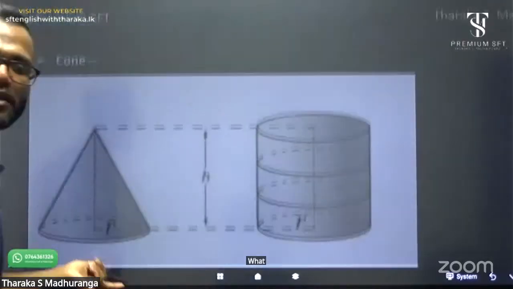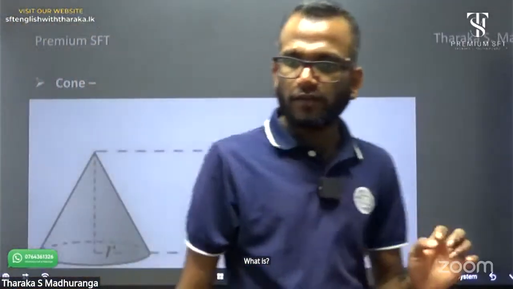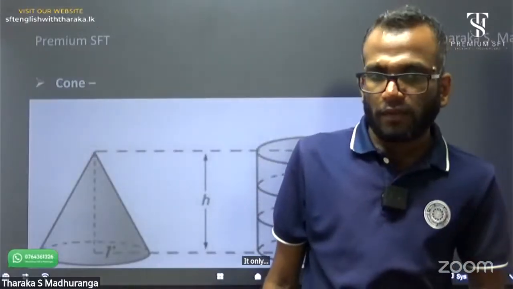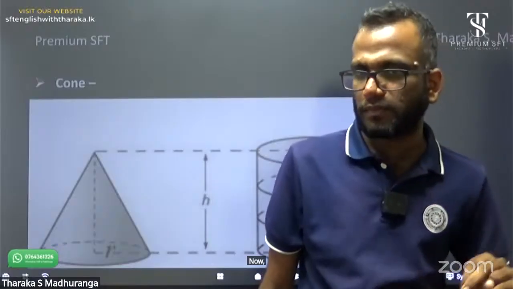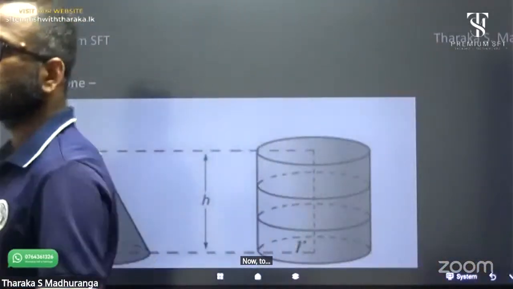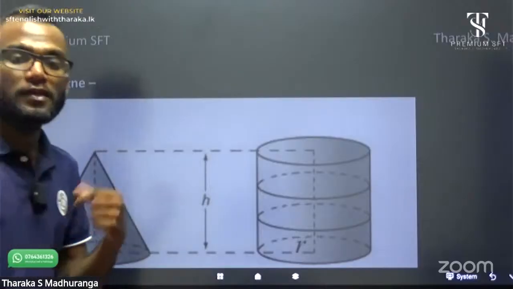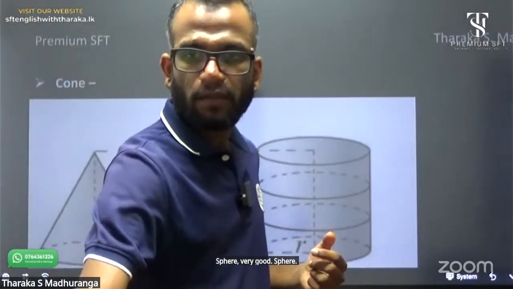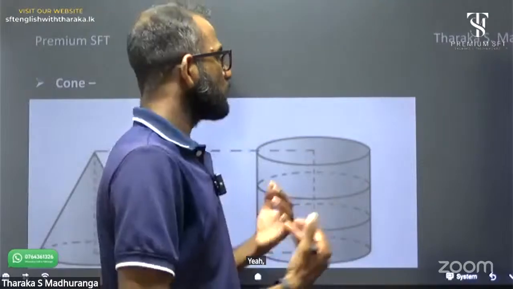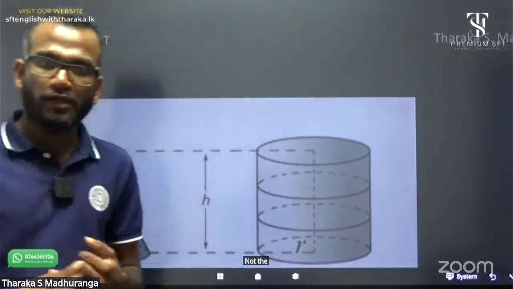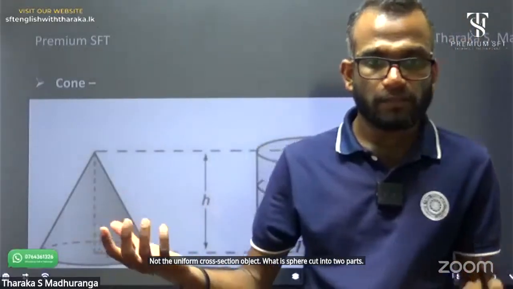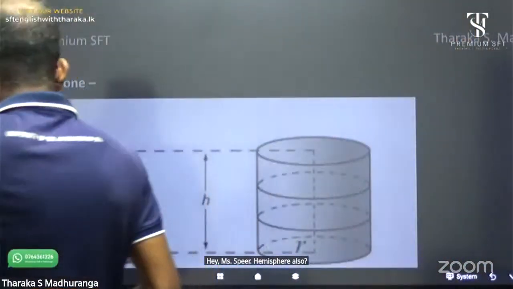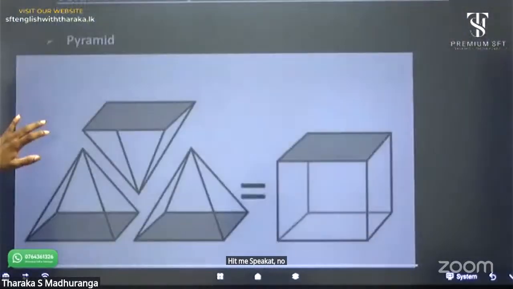What else? Sphere, very good. Sphere is not a uniform cross section object. What else? Sphere cut into two parts, hemisphere. Hemisphere also is not a uniform cross section object.